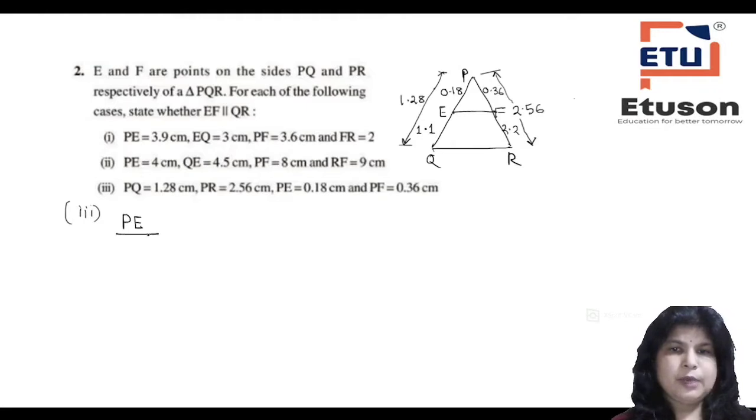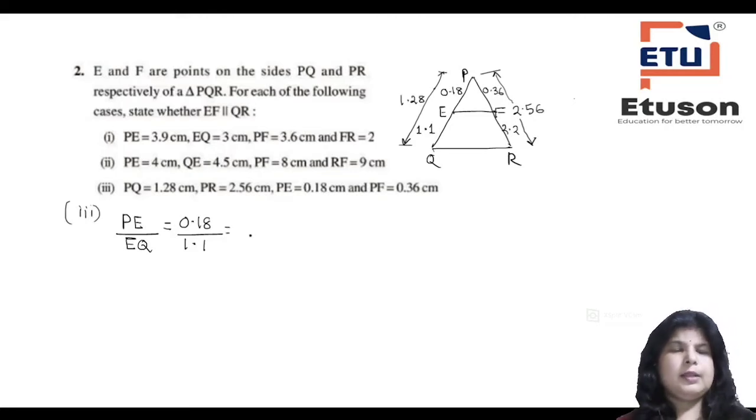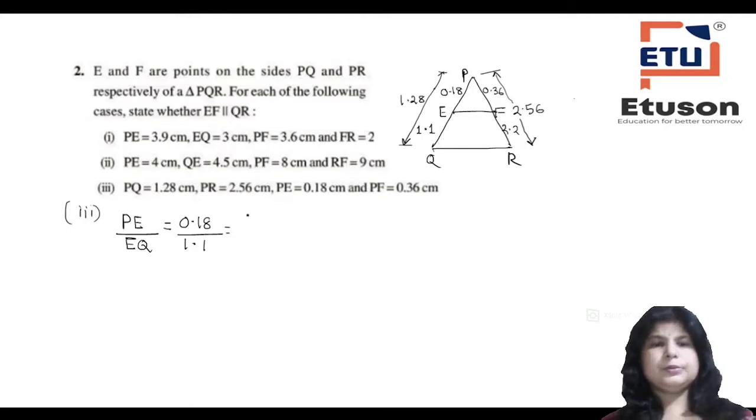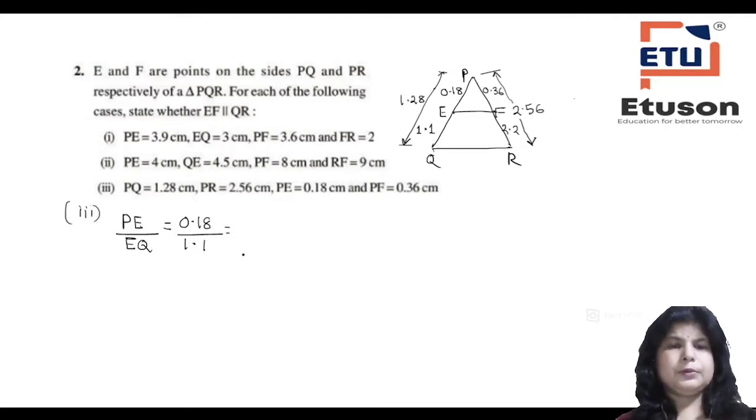So what is the value of PE by EQ? PE by EQ is equal to 0.18 divided by 1.1. Okay, so that is nothing but equal to, so what we will do, we can just multiply 100 in the numerator and the denominator.